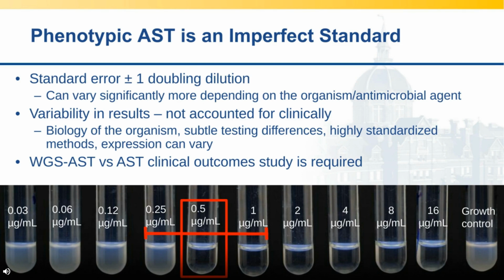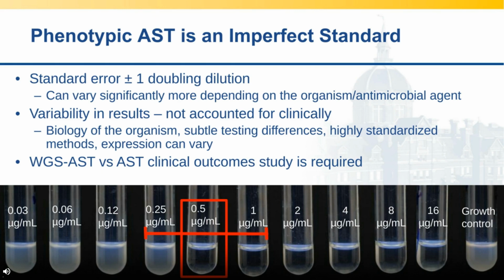For instance, with piperacillin-tazobactam and Pseudomonas aeruginosa, the variability can be much larger just within the standard error of AST testing. This variability is really not accounted for in the clinical setting, as it's not practical for us to perform replicate MIC tests for clinical care. These prescribed phenotypic methods are highly standardized from inoculum density, media, temperature, atmosphere, and incubation period, which really do not reflect the variation of the environment and expression of phenotypes that can occur during clinical infection.